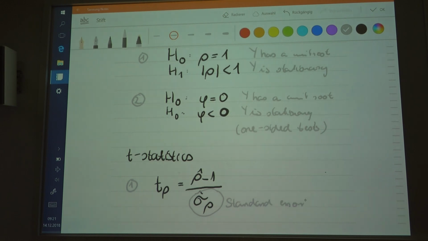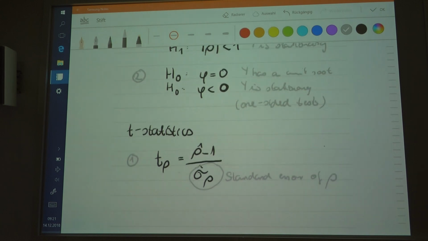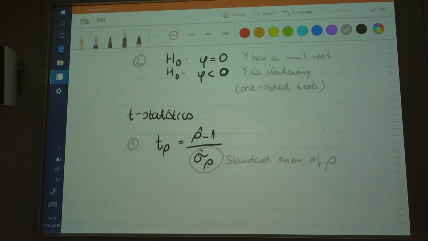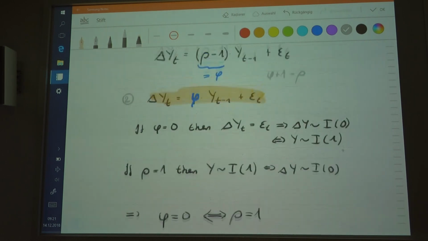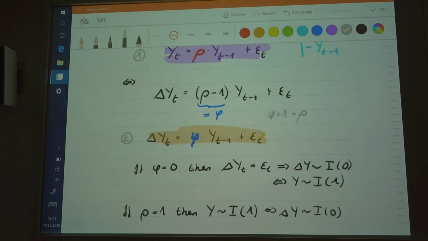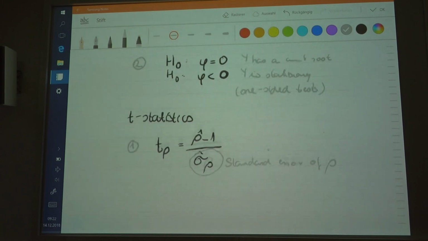So you divide rho minus 1 by the standard error, and the standard error of the coefficient rho is also equal to the standard error of the other coefficient, because the standard deviation and the corresponding estimate don't change if you perform a simple addition on this coefficient. So if you subtract 1 from rho, the standard error is going to be the same.